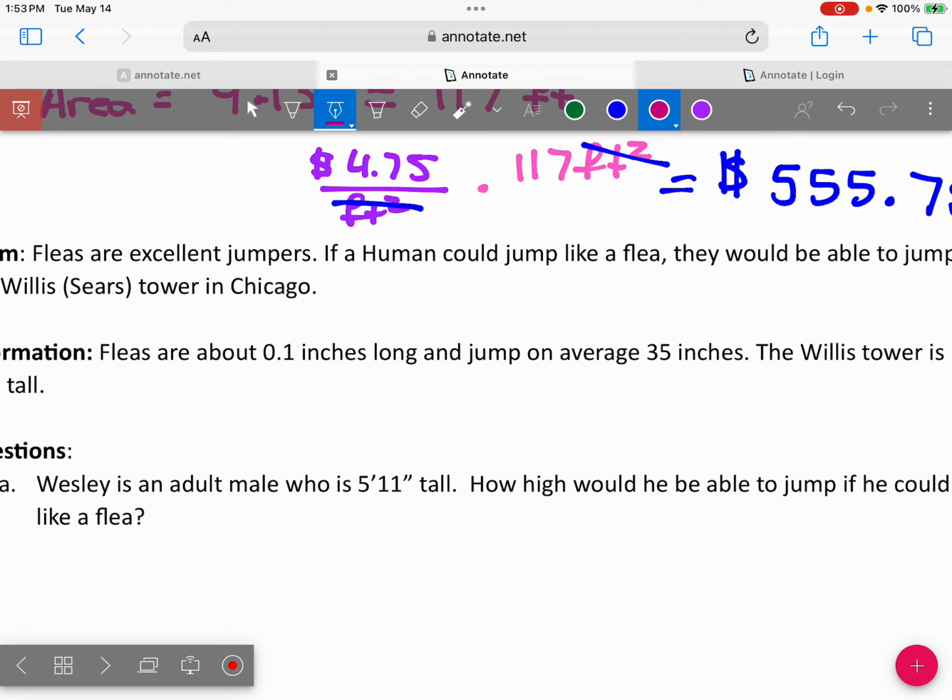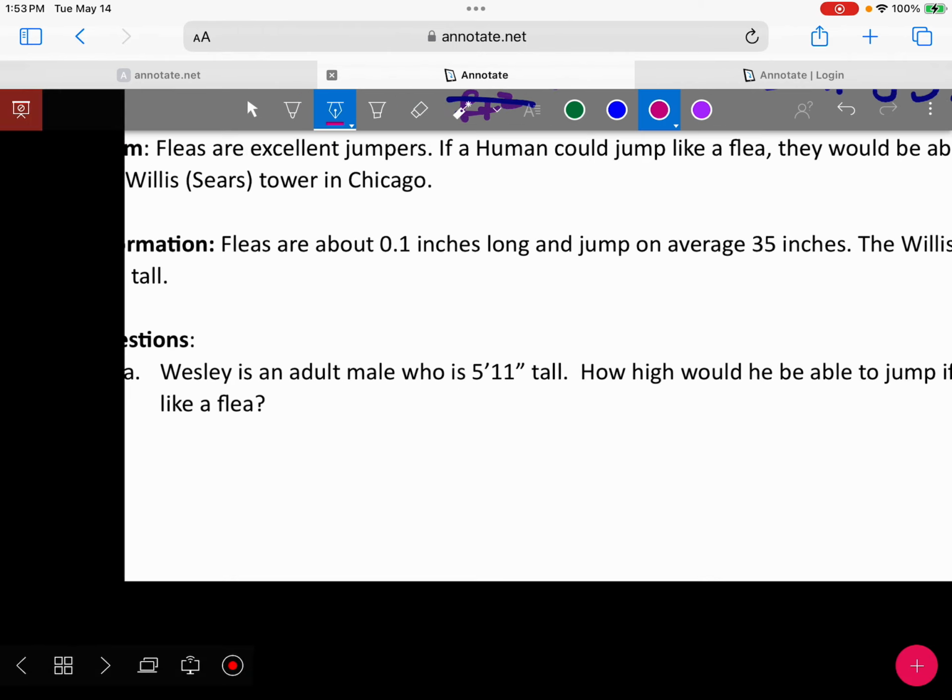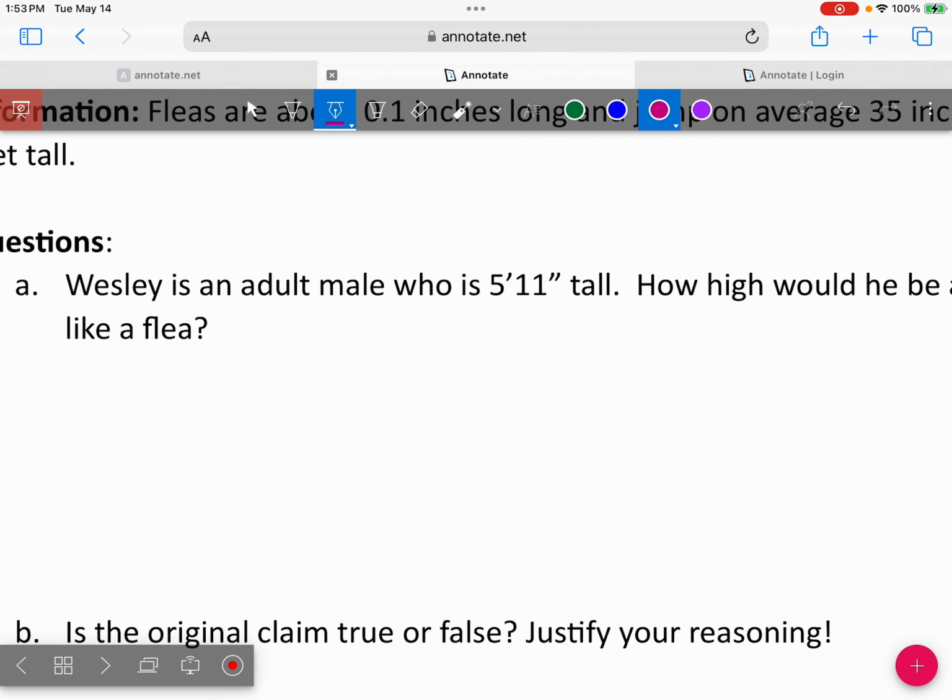What is something we could do? Divide 0.1 into 35. You could, but you're going to get a gross decimal. If you flip the other way, it's going to give you a significantly nicer number. So I'm going to start by looking at my flea.